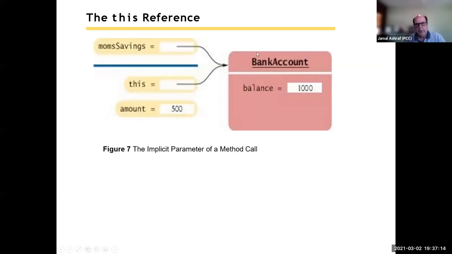So when I create an object, this object exists in memory. There is going to be a pointer pointing to it. We are not using the pointer in Java. It's going to be the address of this. It's going to be inside the object, and it's going to be inside this. So they both are going to be pointing to the same object in memory.